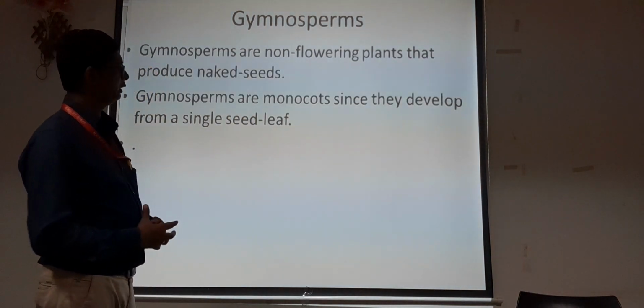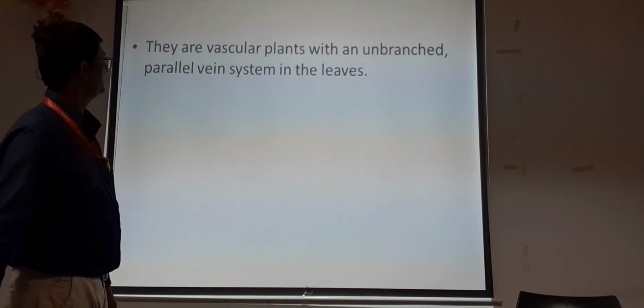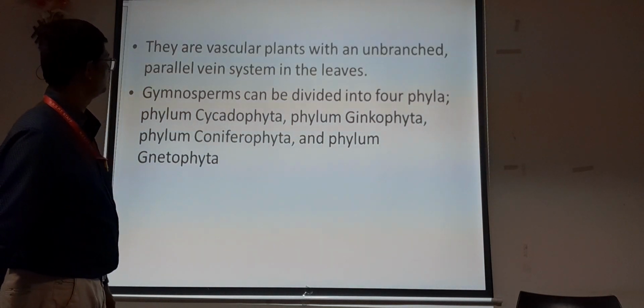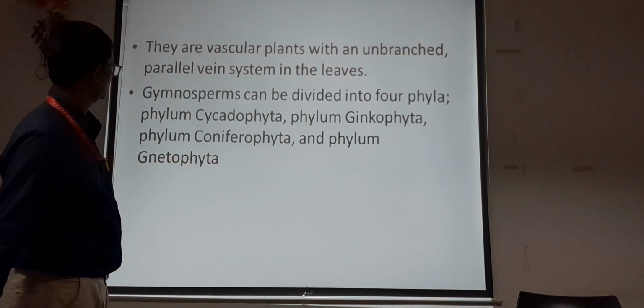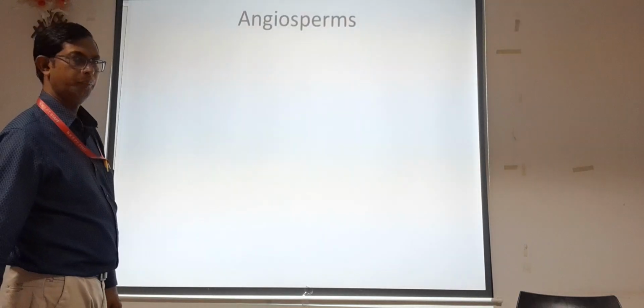So they are monocotyledon plants. They are vascular plants with unbranched parallel vein system in the leaves. Gymnosperms can be divided into four phyla: phylum Cyanidophyta, phylum Gingophyta, phylum Coniliophyta and phylum Nettophyta.